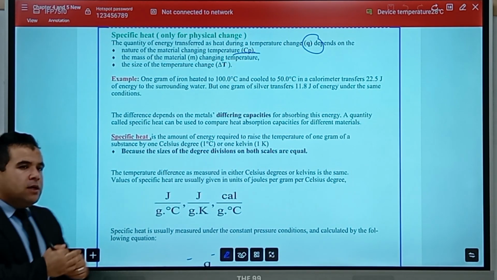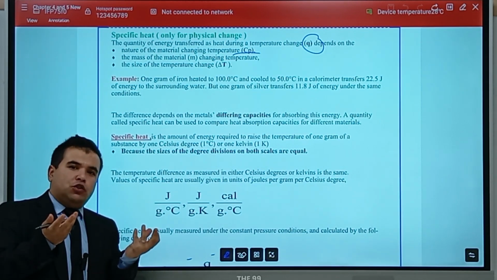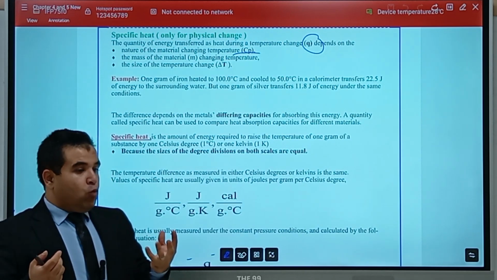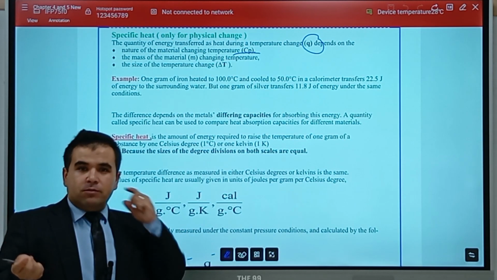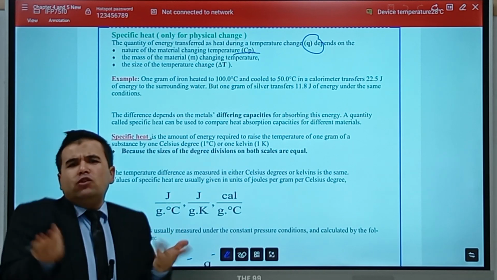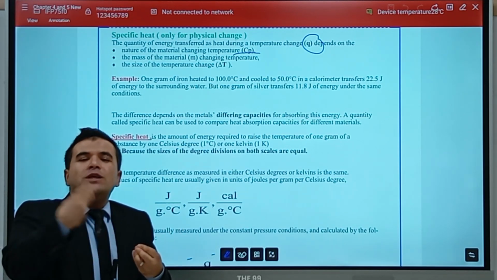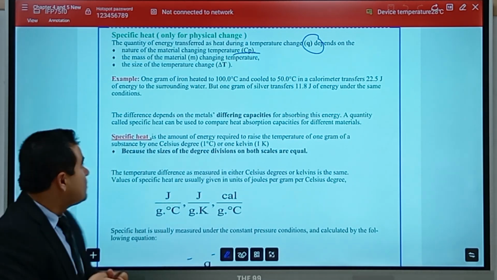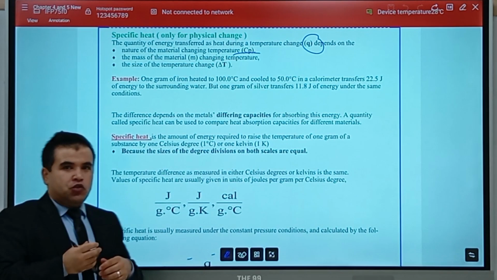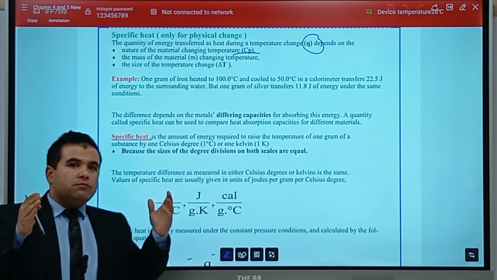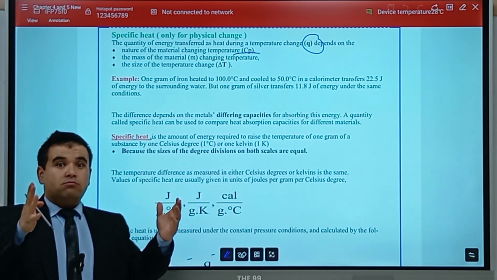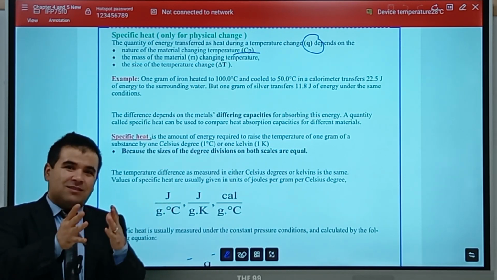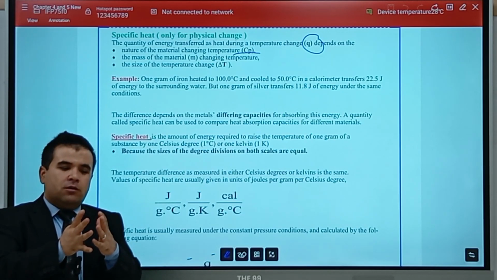The second is the amount of those materials, of the samples. Of course, take 10 grams compared to 100 grams. Which one will carry more heat? The 100 grams. So as we increase the amount, that increases the holding capacity for heat. The third is the size of the temperature change. If two objects are close to each other, 20 and 21, there will not be a quick transfer of heat.